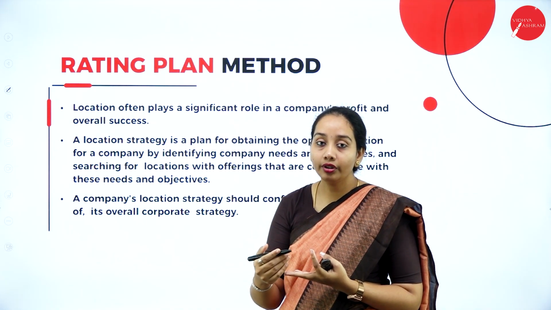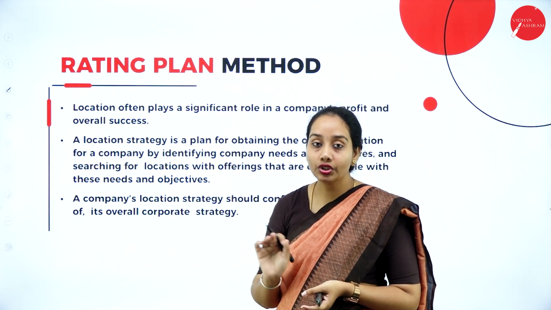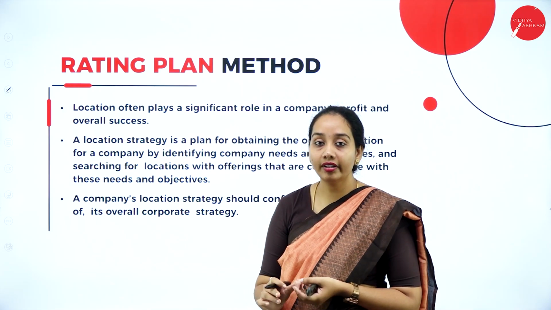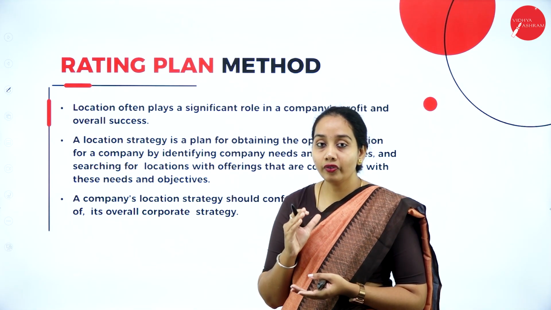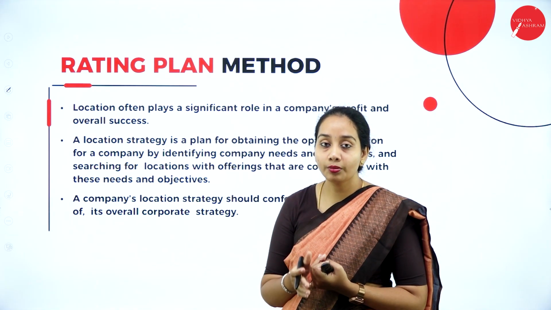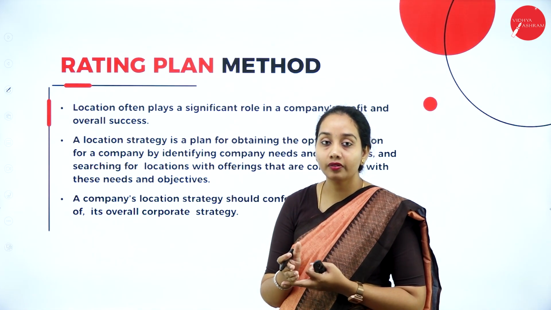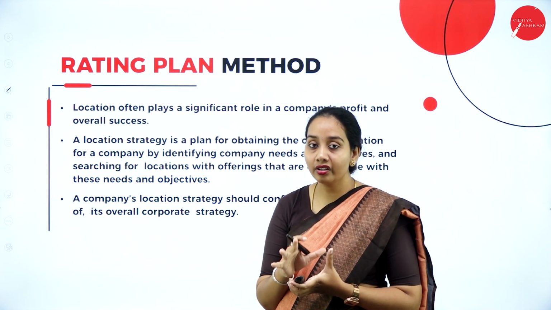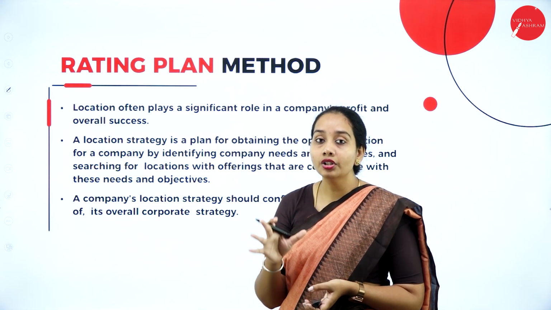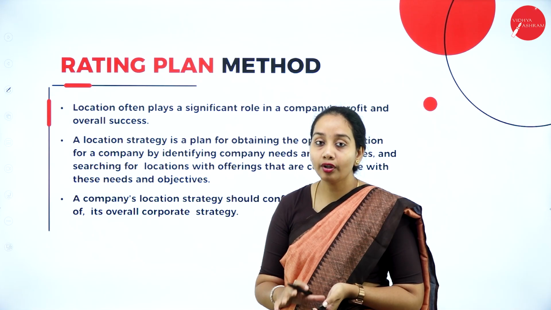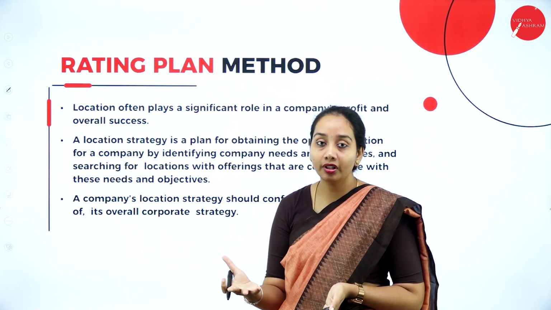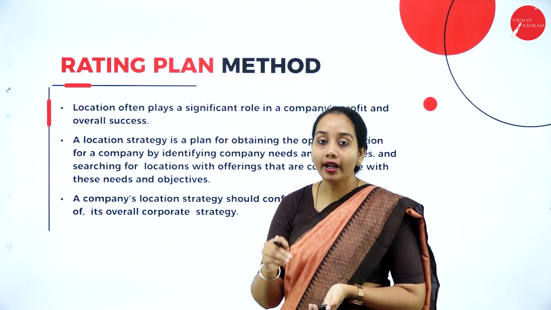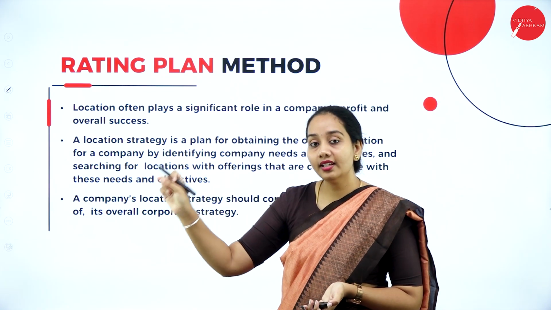Now you are going to give a rating to each location based on the availability of the factors. There are different factors, that is human resource factors, money factors, raw material factors, power factors, government policies. All these are important factors to be considered here. You select the factors that play a prominent role for your retail operation, and you give a rating to these 3 locations.